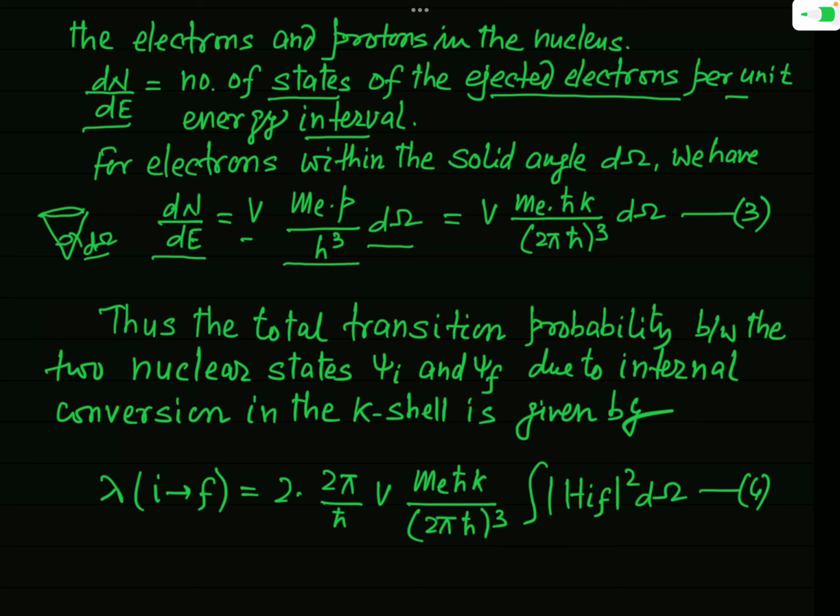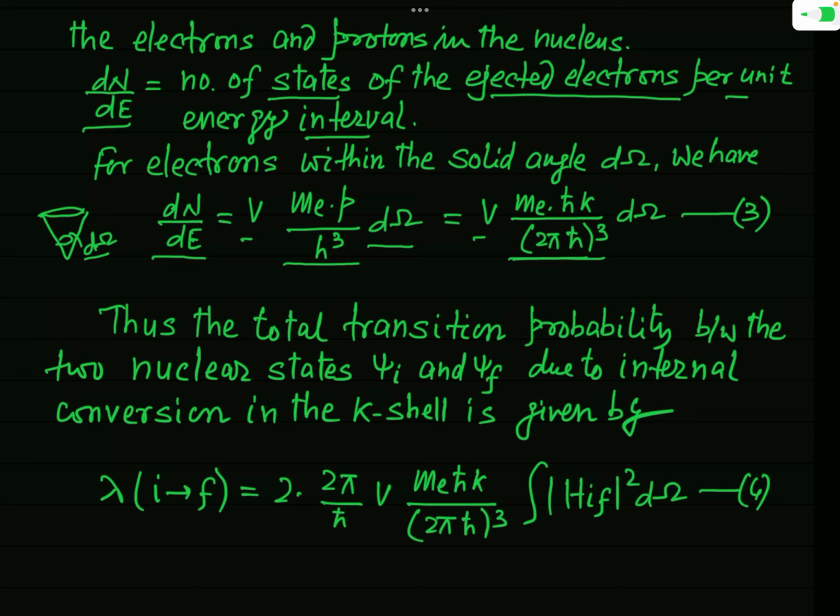So this expression for dn by dE can be given as V times m_e into h bar k over, and instead of h, I have written 2 pi h bar, and m_e is the mass of the electron.